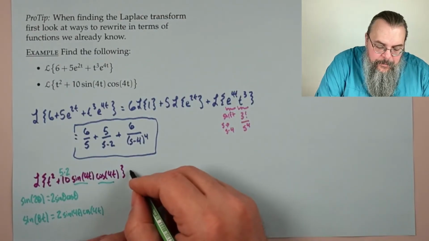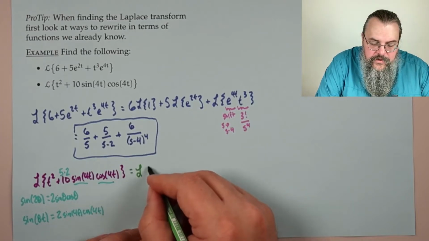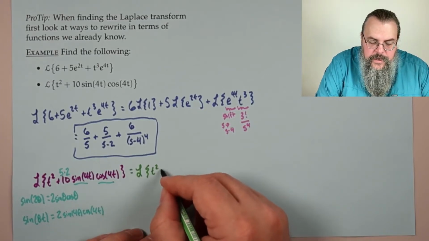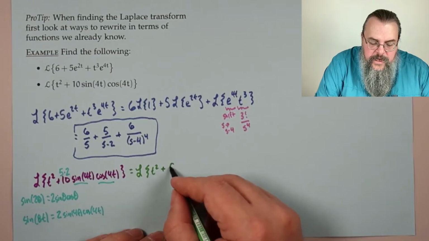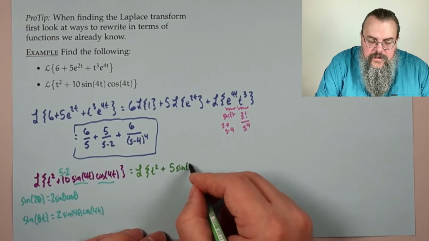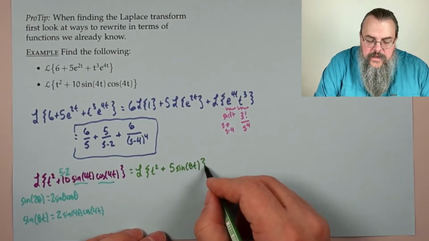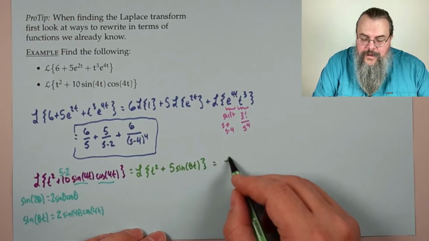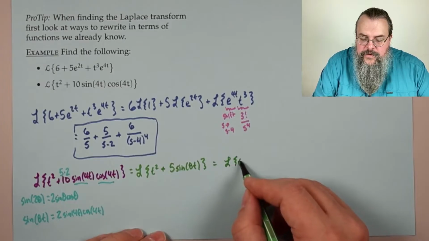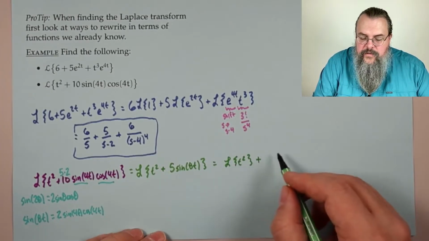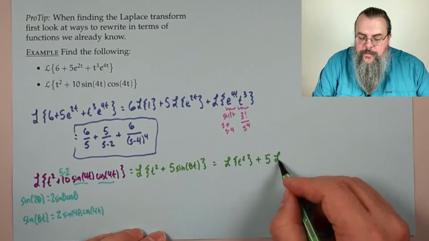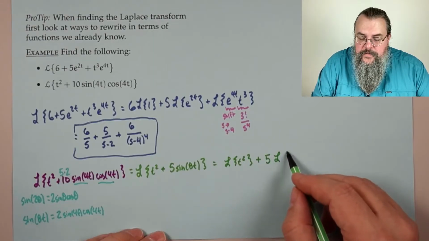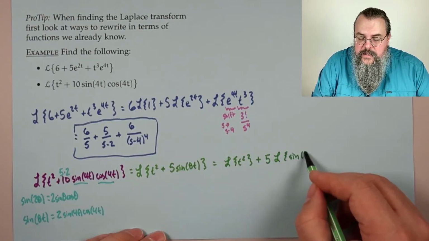So cleaning this up, rewriting this, Laplace transform of t squared plus 5 sine of 8t. Okay, now we're doing good. So this is Laplace transform of t squared plus 5 comes out, Laplace transform of sine of 8t.